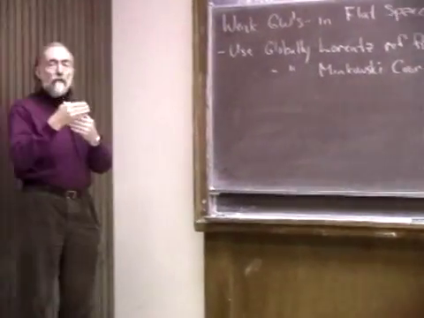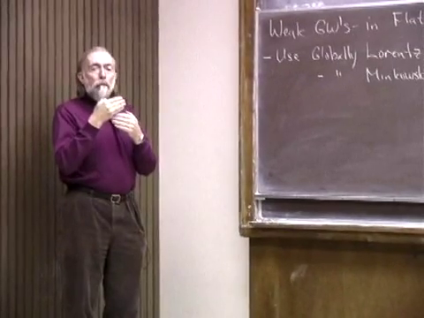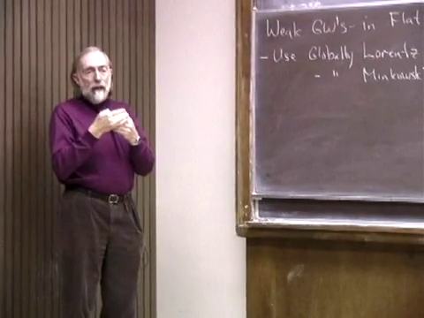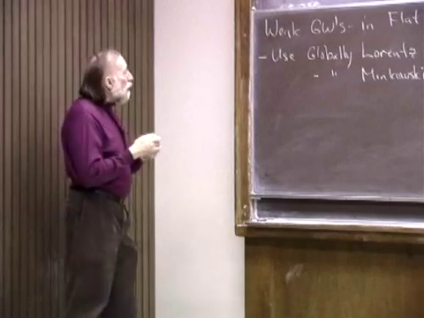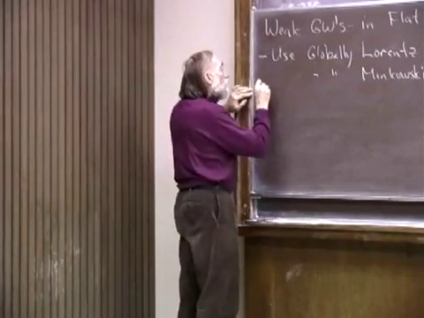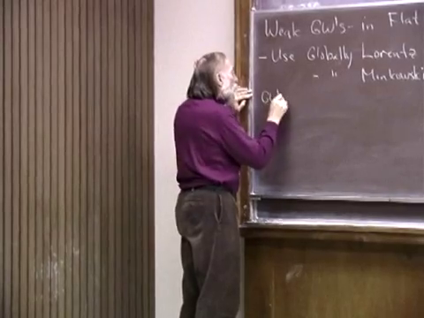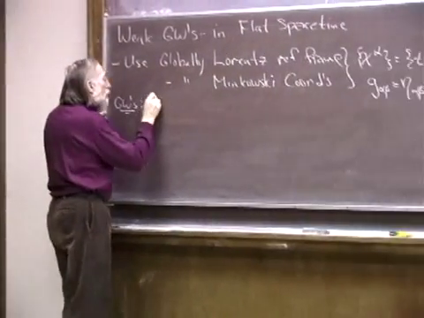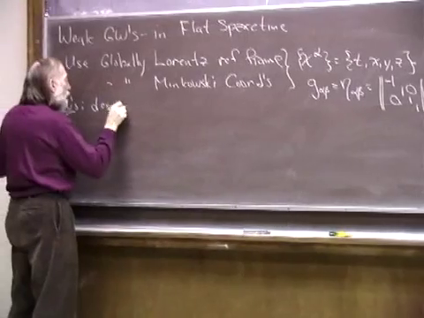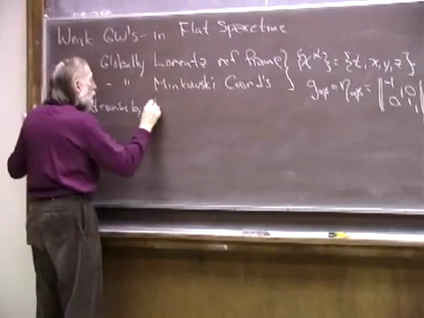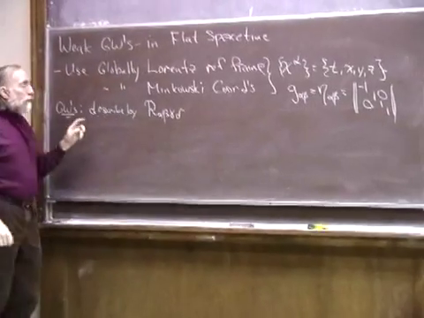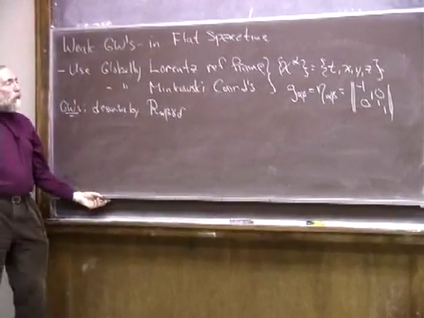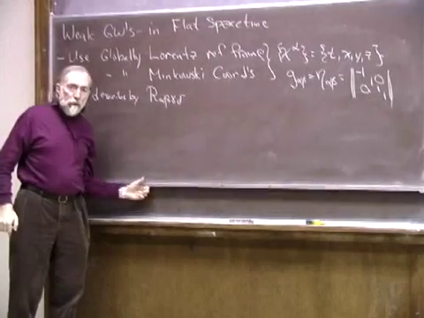And the gravitational waves then we will think of as a field that lives in this flat space-time, that propagates in this flat space-time. And so the gravitational waves I'm going to describe mathematically by their Riemann curvature tensor, or by the components of the Riemann curvature tensor in this global Lorentz frame.